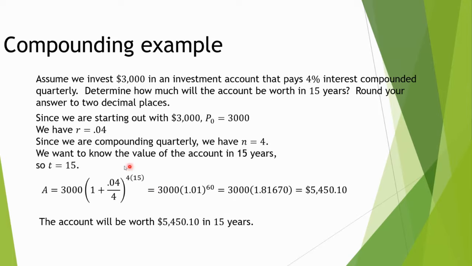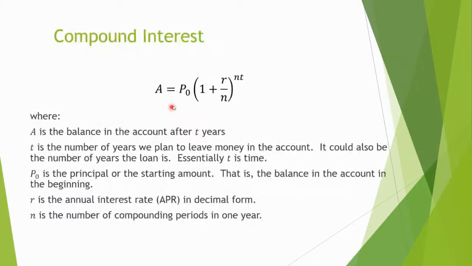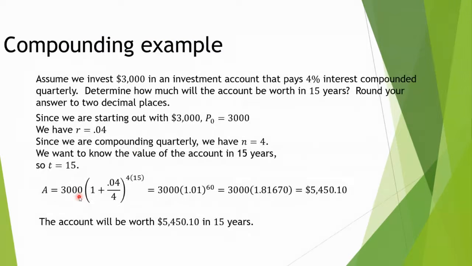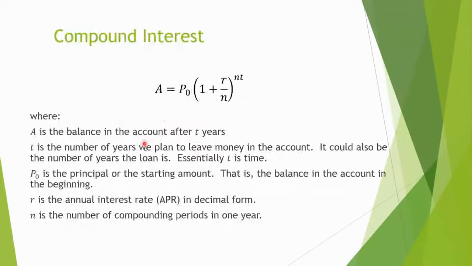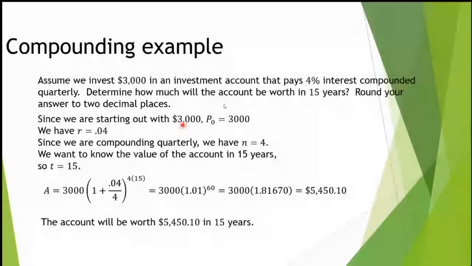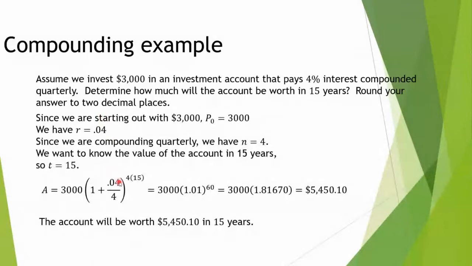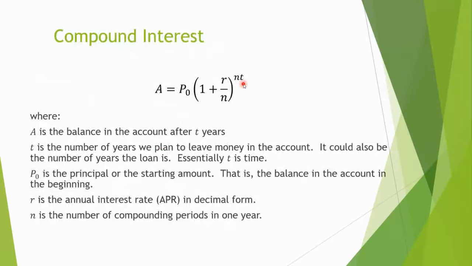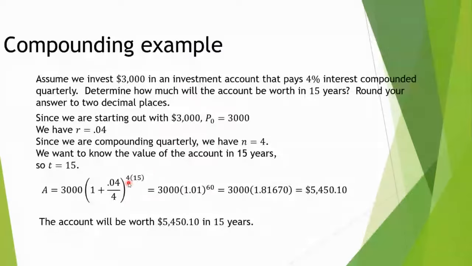So here's our formula, right? P0, that's in front. That's what we have over here. 1 plus R over N, raised to the N times T. T is 15.